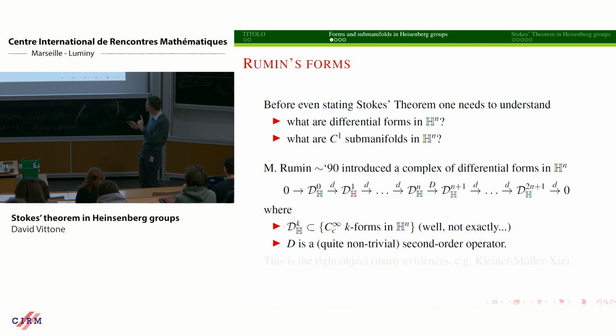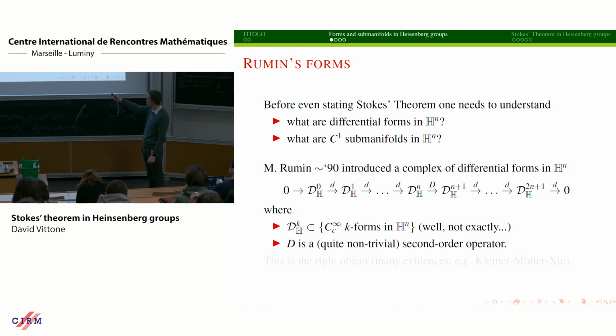Okay, so there are arrows, and the arrows are given, in this approximation that I'm giving you, by the standard exterior differentiation, d, except at the critical dimension when we pass from n-forms to n+1 forms. So Rumin found out that the correct operator is another one. It's not exterior differentiation.